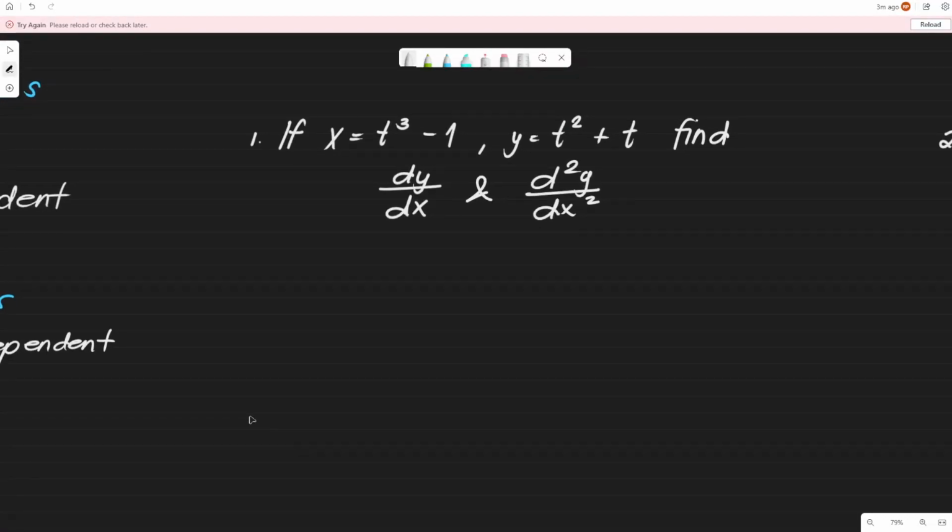We have here number 1. If x is equal to t cubed minus 1 and y is equal to t squared plus t, find dy over dx and d squared y over dx squared.